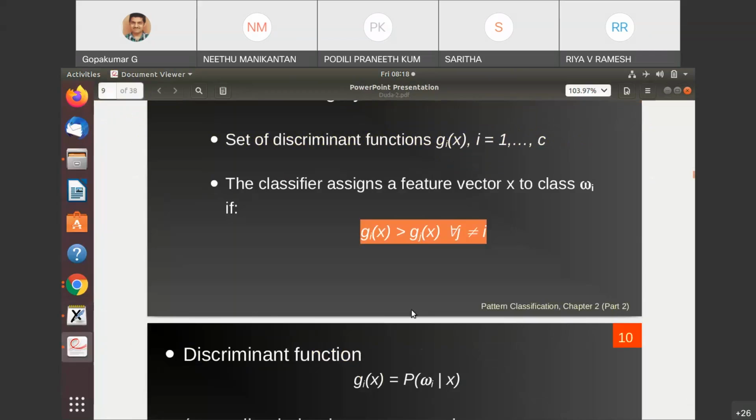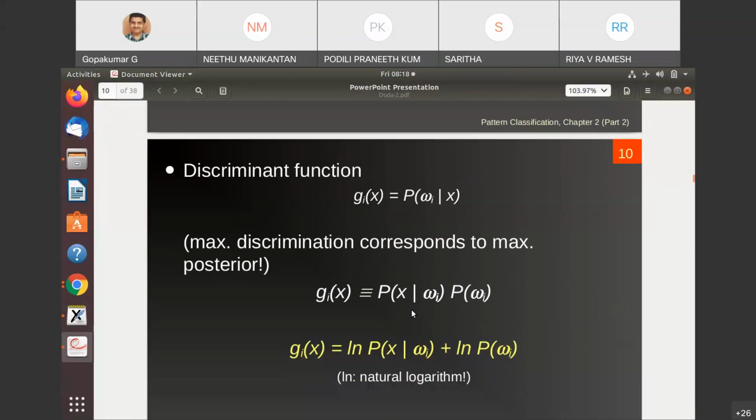We'll continue. This discriminant function we can represent in correspondence with the maximum posterior distribution, with respect to the Bayesian decision. So we can say that g i of x is equal to the probability of w i given x, in the case of Bayesian decision.